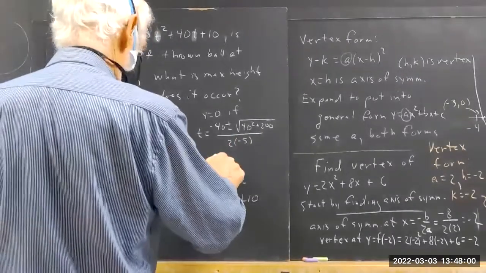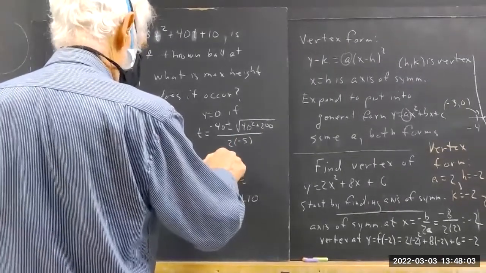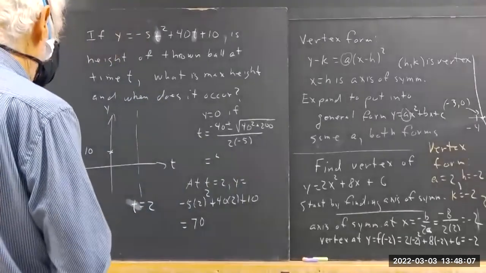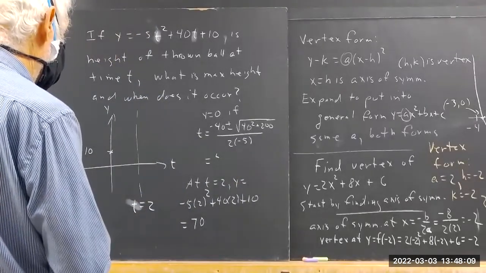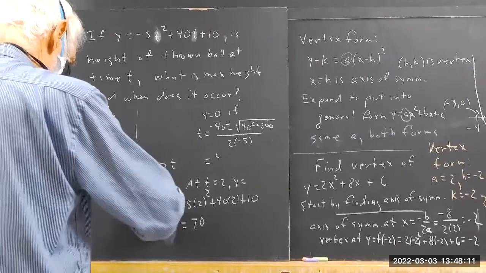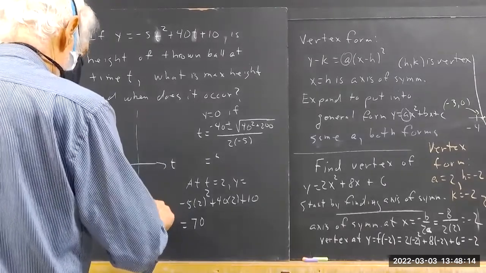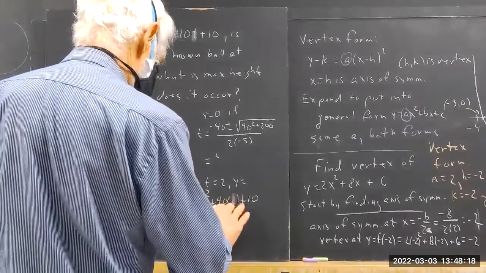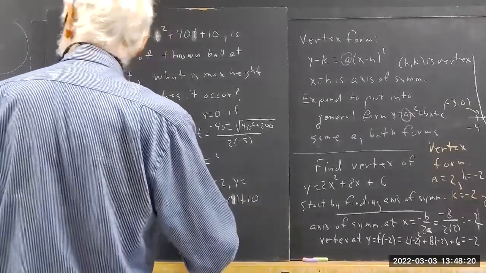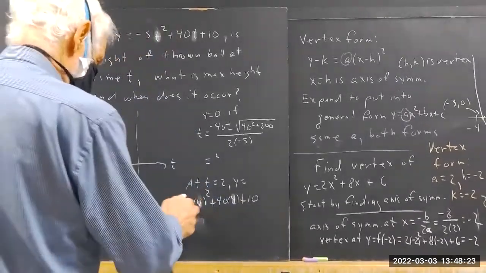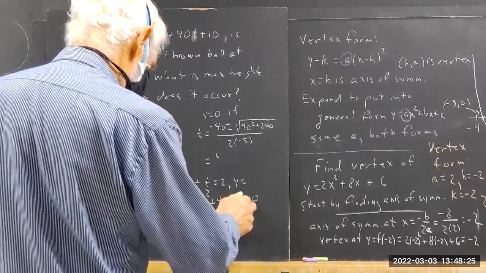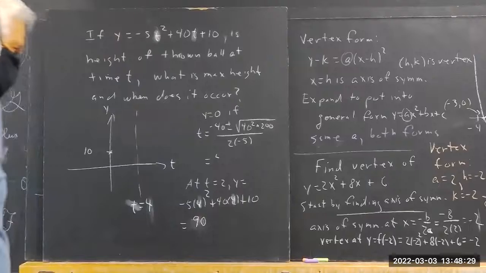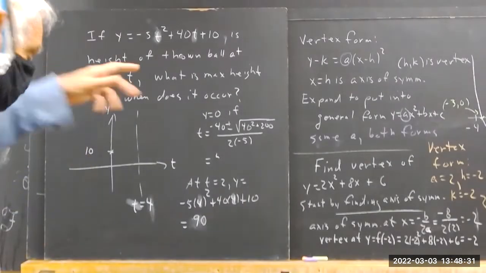Simplifying that, t equals 4. I doubled this in too many times. This should be t equals 4. I should have a 4 here and a 4 here, which gives me negative 80 and 170, which is 90, not 70. And I think that's right.